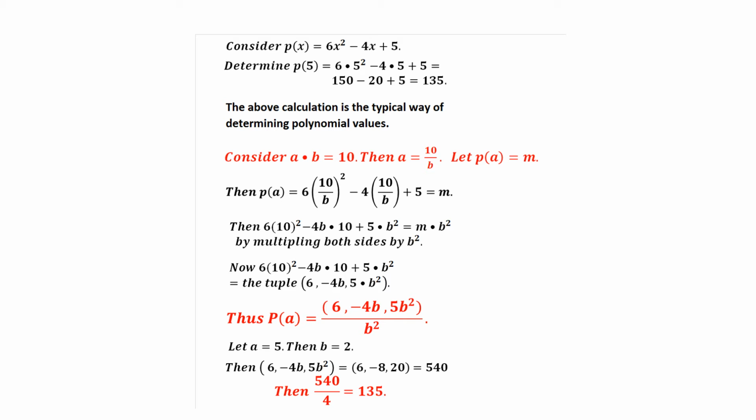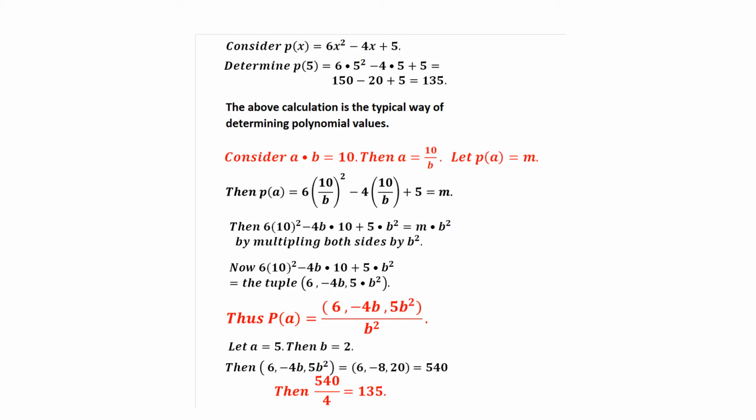And if you multiply both sides by b squared, you would then have 6 minus 4b times 5b squared is going to be equal to mb squared. Divide both sides by b squared, and now p of a will equal 6 minus 4b, 5b squared. That's a tuple divided by b squared.